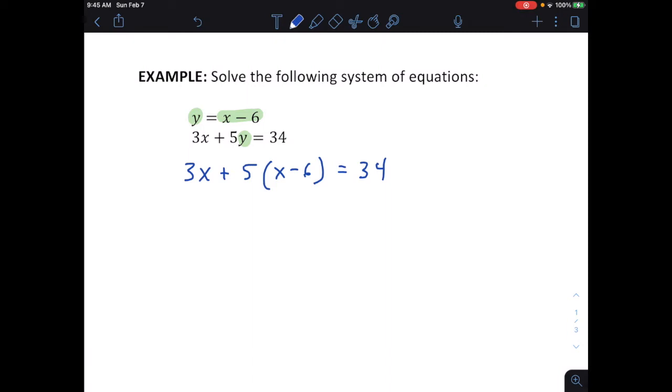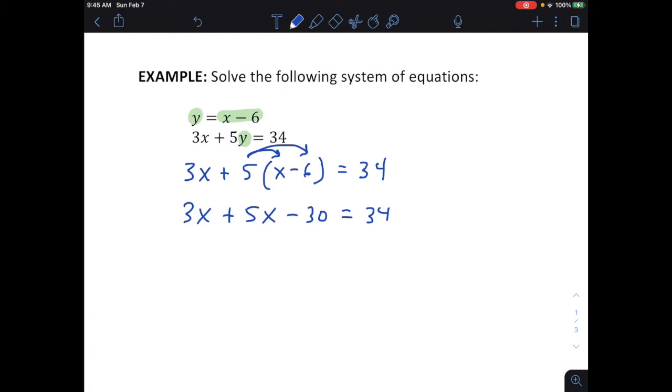All right, so I'm going to get rid of that y and that arrow. So I have to do a little distributing here with that 5. So I'm going to distribute the 5 to both of those things. So I have 3x plus 5x minus 30 equals 34. And now we have to think back to first quarter when we had variables on one side of an equation. We had to combine like terms.